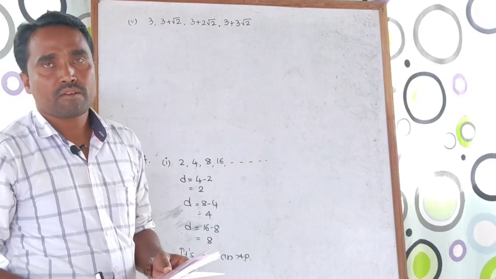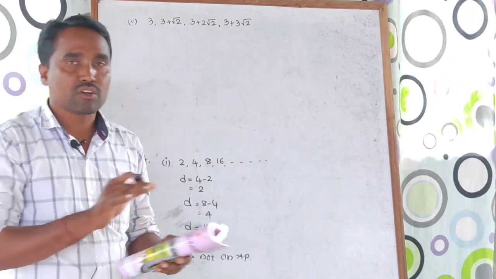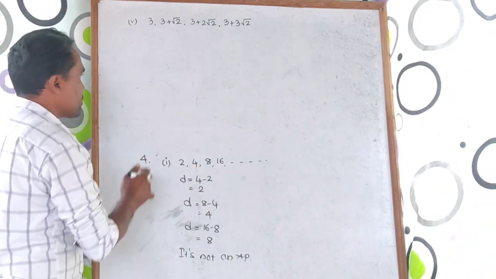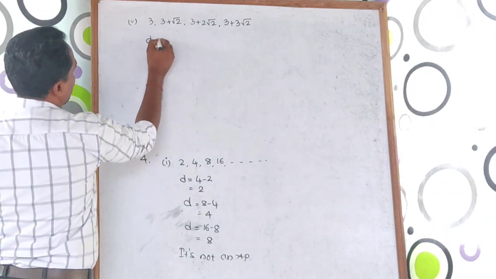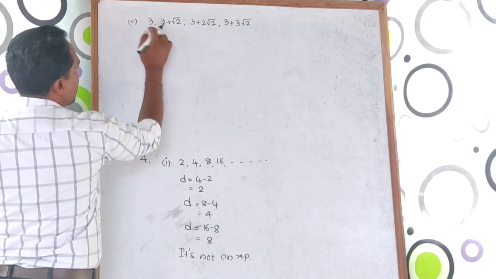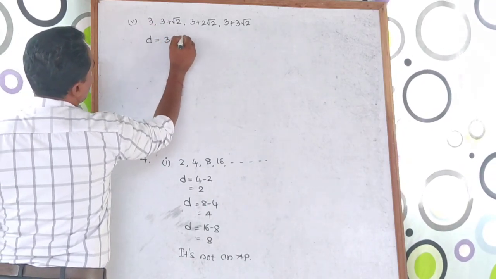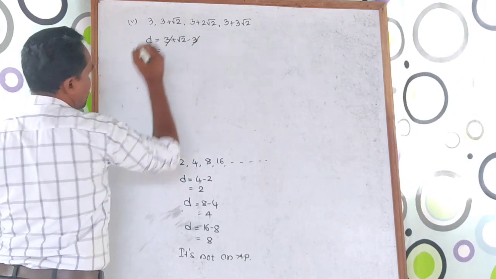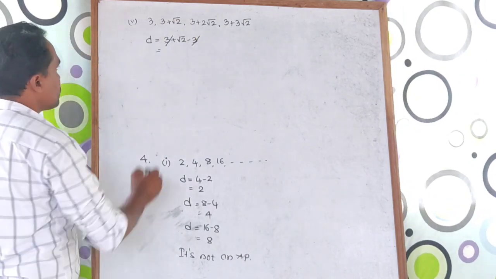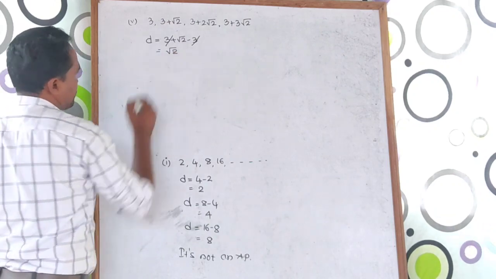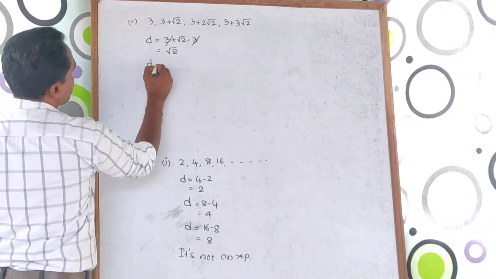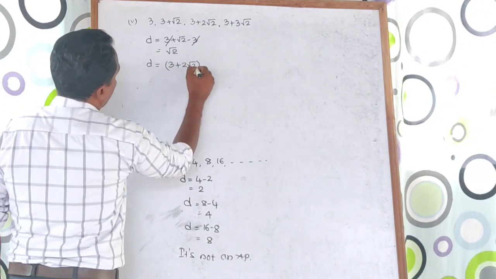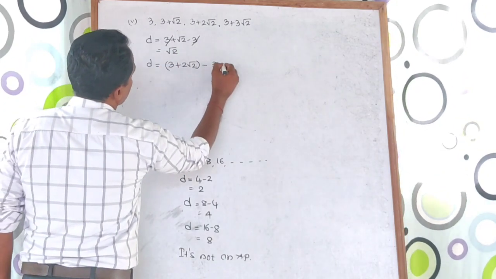Remember again, to know whether it is an AP or not, you should first find the common difference. Let's start with the common difference. D equals A2 minus A1, 3 plus root 2 minus 3, then plus 3 and minus 3 will cancel, and we will get only square root 2. Take the other one, 3 plus 2 root 2 minus (3 plus root 2).